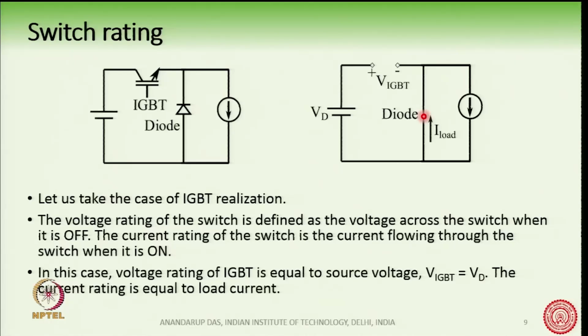As I have told earlier, S1 and S2 are complementary in nature. So, if the IGBT is turned off, the diode is turned on. I have put a short circuit here, and through this short circuit the load current is flowing. Since the diode is short circuited, the negative terminal of this source is connected here, while the positive terminal is connected here. And so, we can see that the voltage across the IGBT during this time is equal to the source voltage.